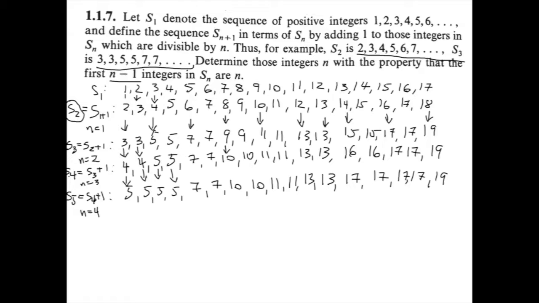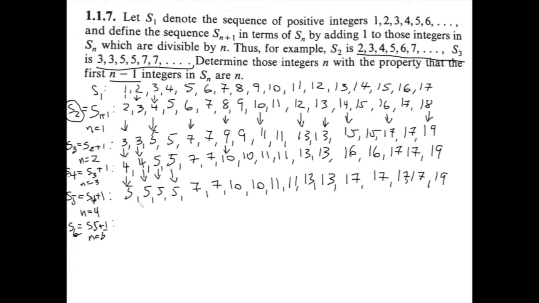All right. Let's do a couple more, just so that we can see if any patterns emerge. S of 6 is S of 5 plus 1. So n equals 5. If it's divisible by 5, then we're going to increment it by 1.